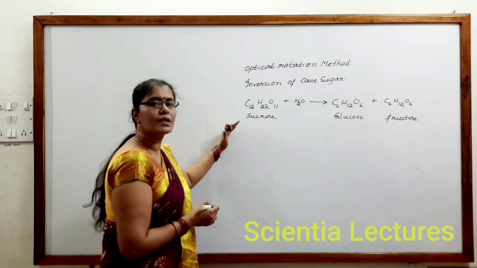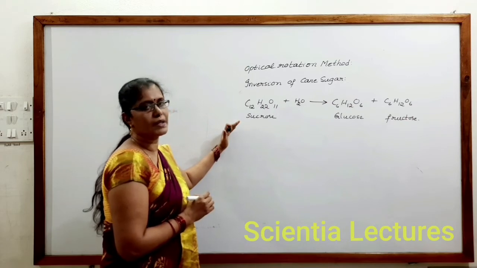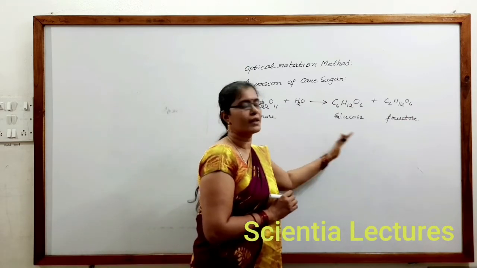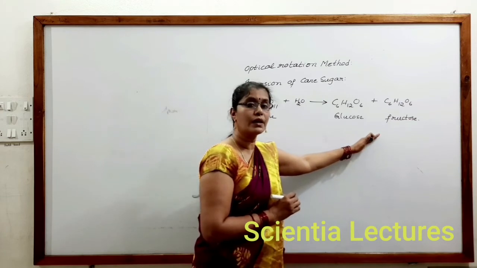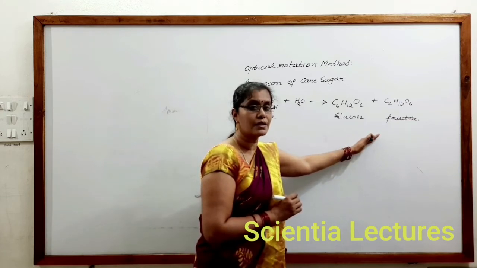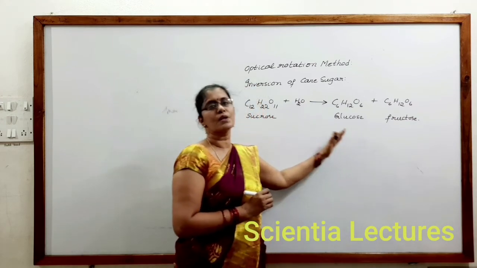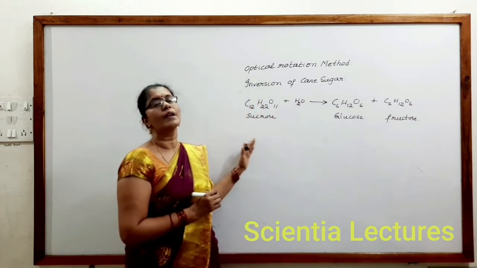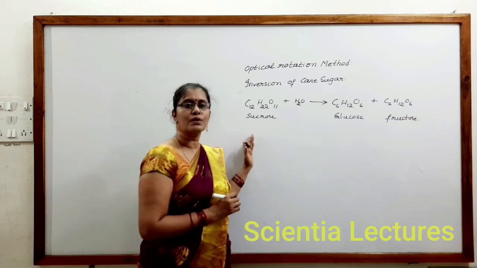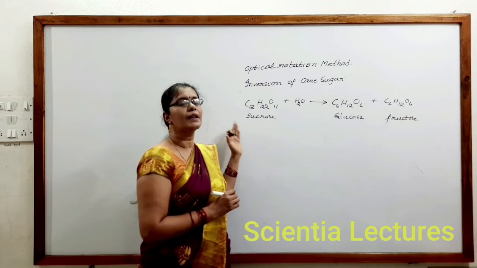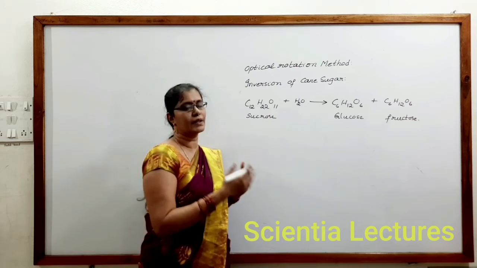Sucrose is dextrorotatory by plus 66.5, glucose is dextrorotatory by plus 52.5, and fructose is levorotatory by minus 92 degrees. As the reaction proceeds, you can observe that dextro is converted into levo, so it has got inverted from dextro to levo.